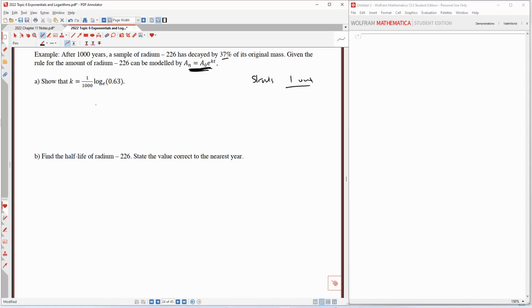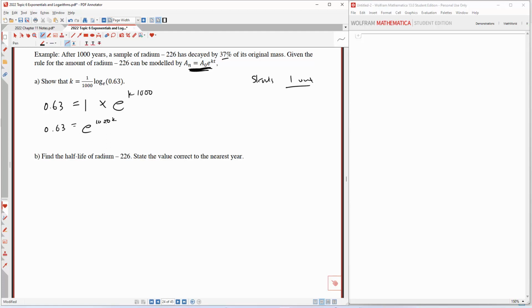So here it goes. We'll say that A(t), the amount left over, is 0.63, equals the initial value, A0, which is 1, times e to the k, and time is 1,000. Now we need to work out what the k value is. I'm going to divide by 1, which gives 0.63 equals e to the 1,000k.